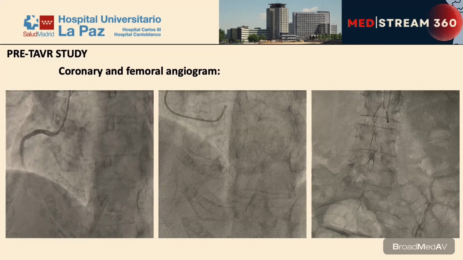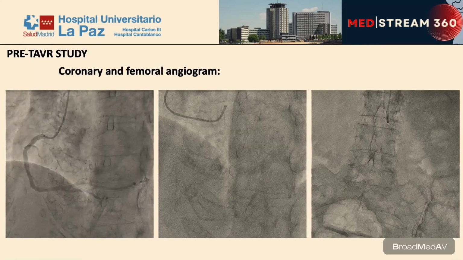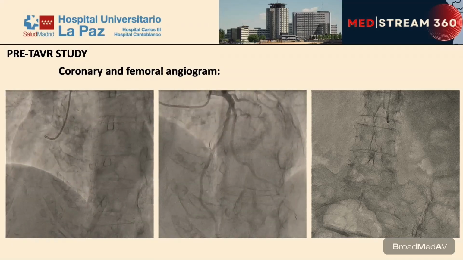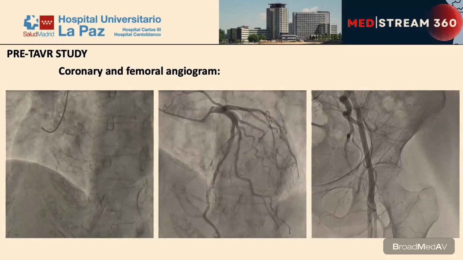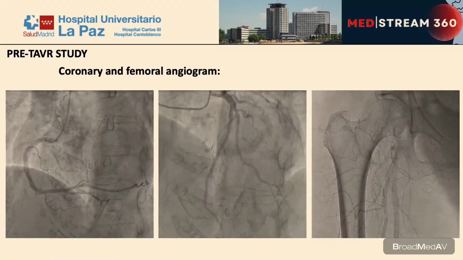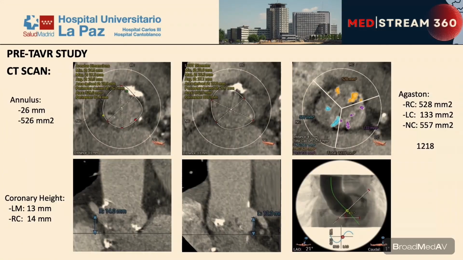This is the TAVI study, coronary and femoral angiogram, with no coronary artery lesions. We like to see in the femoral angiogram where the bifurcation is. Of course, we have the CT scan information, and we have an annulus of 26 millimeters, an area of 526 square millimeters.